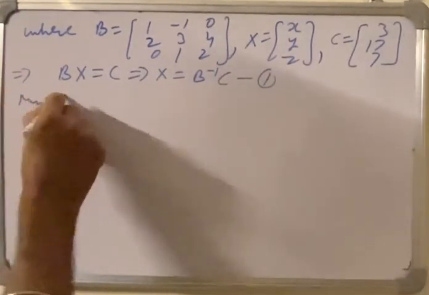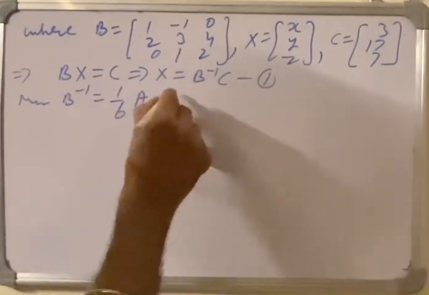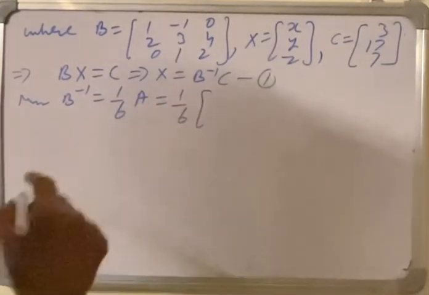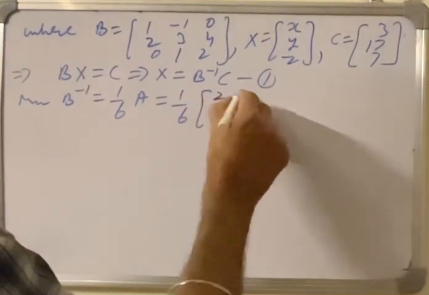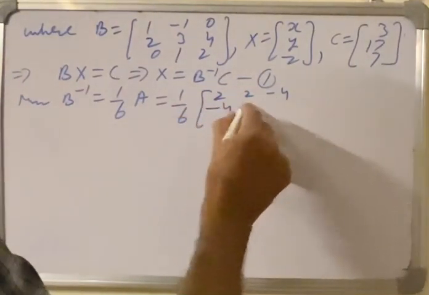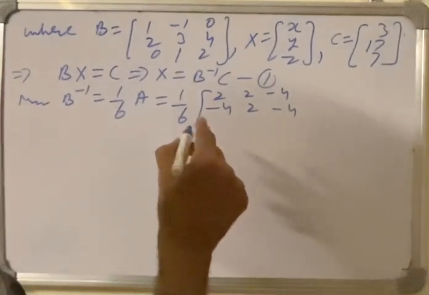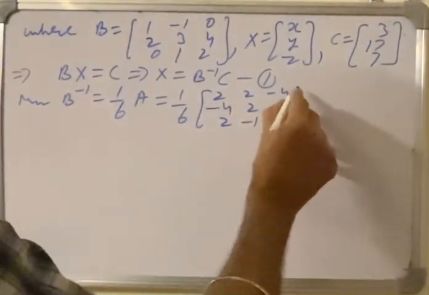Now B inverse is equal to 1 over 6 A, which is 1 over 6 times [2, 2, -4; -4, 2, -4; 2, -1, 5].